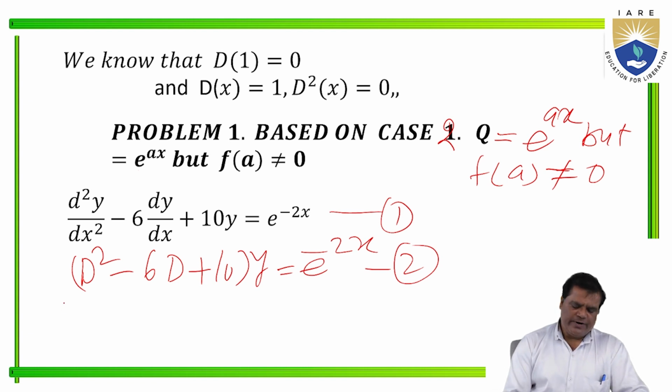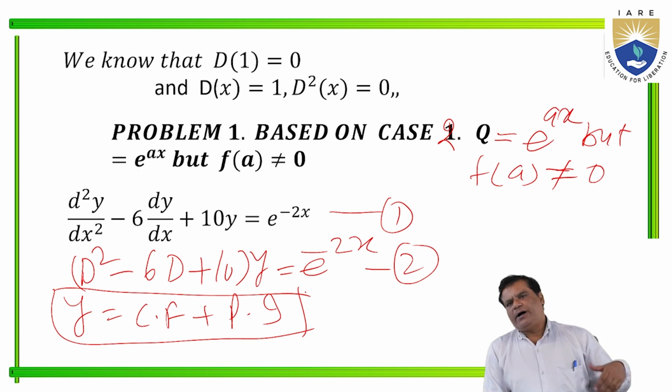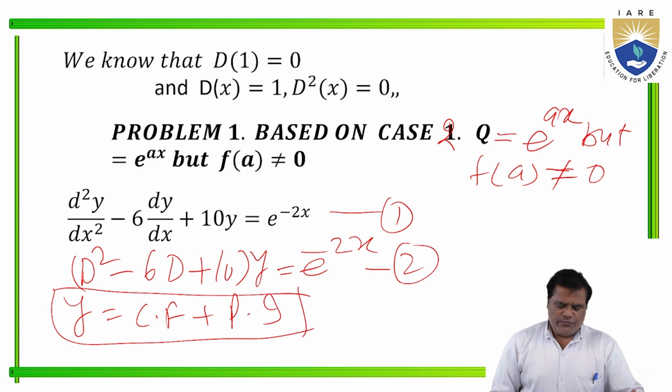Now first, finding the solution y is equal to CF plus PI. We find two parts in our solution. The first part is the complementary function, the second part is the particular integral.